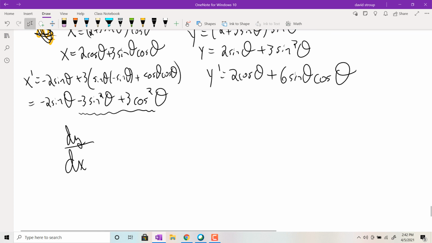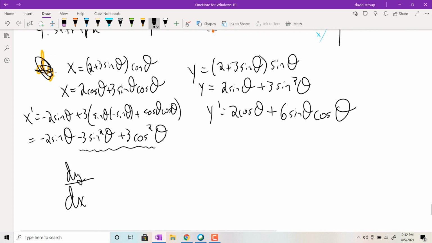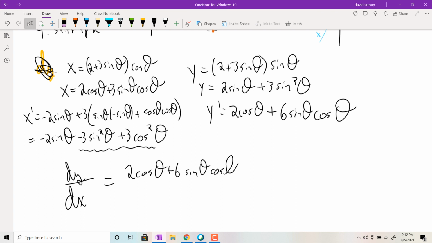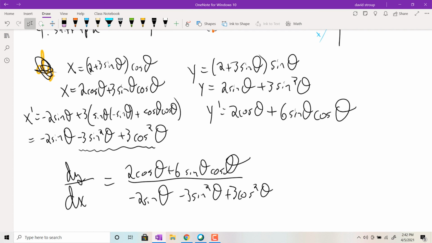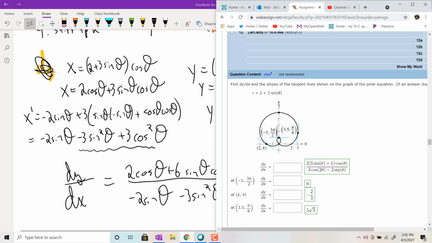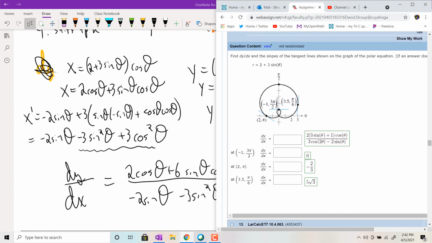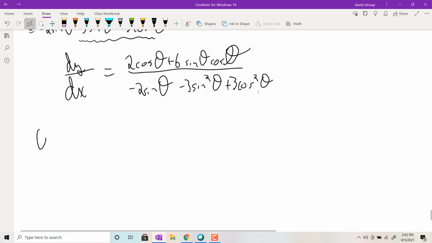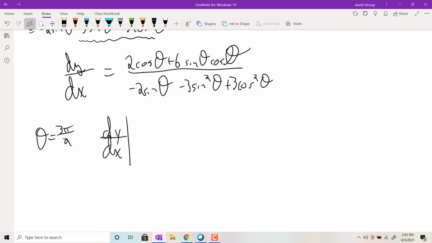The derivative formula is equal to 2 cosine theta plus 6 sine theta cosine theta all over -2 sine theta minus 3 sine squared theta plus 3 cosine squared theta. And for the slopes, you don't need the r values, you just need the theta. So the first one is 3 pi over 2. Okay, so our derivative, dy over dx, you can notate it like this.